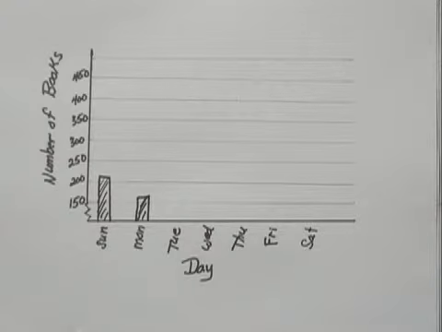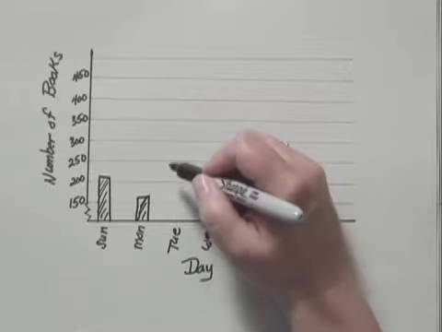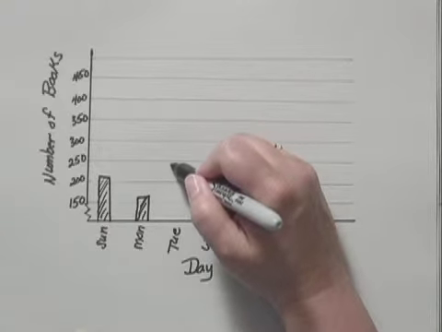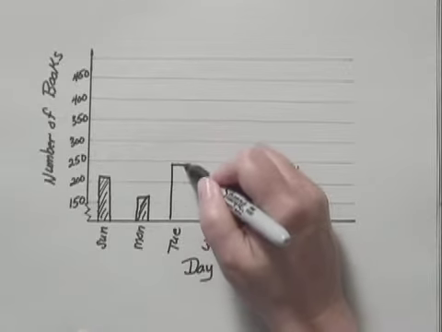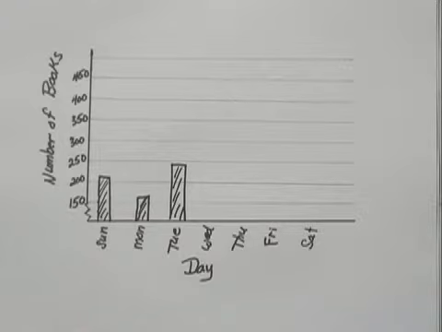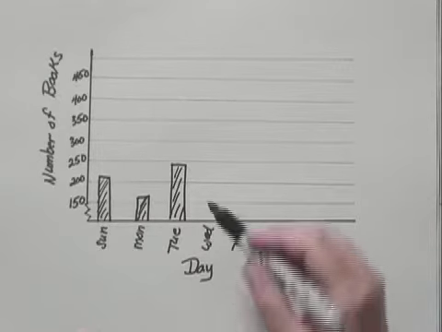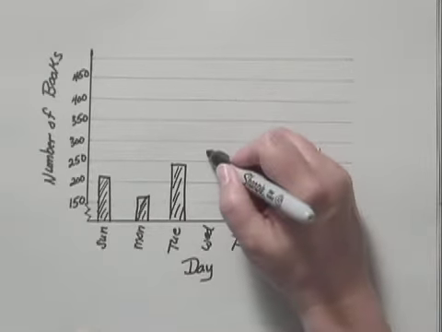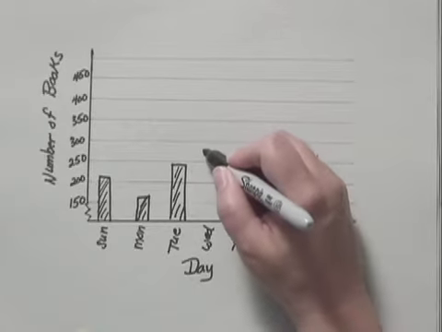On Tuesday there were 240, so I want to go almost up to the 250 line then. And on Wednesday 270, which will take me past the 250, almost halfway between 250 and 300.